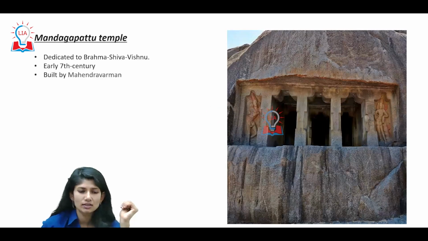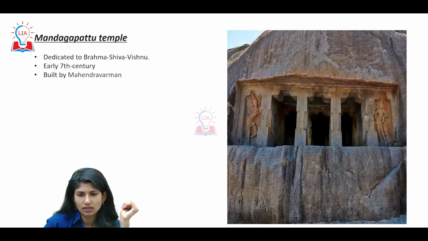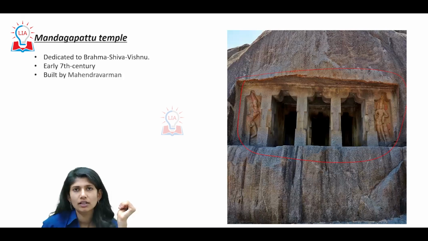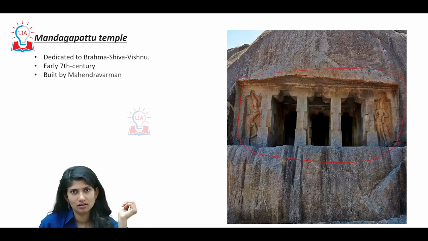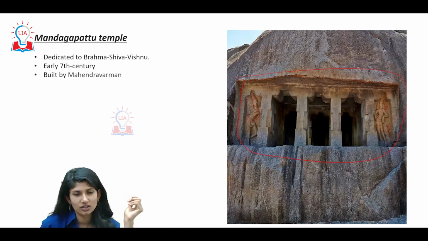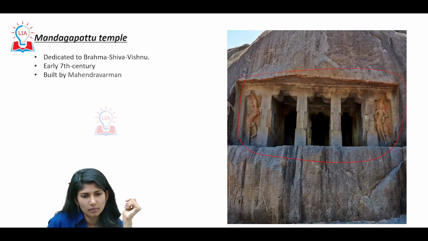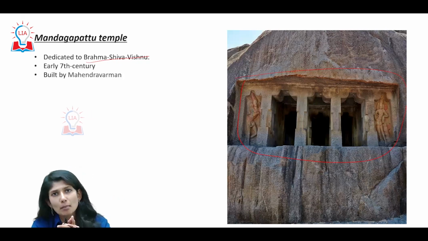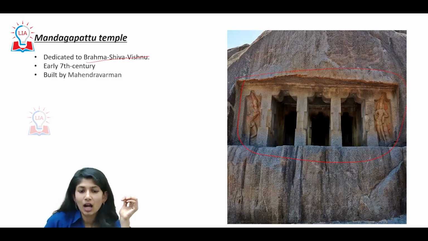Now look at this. This is one such thing built by Mahendravarman, rock cut architecture. See this structure, it is carved in a rock. That's why it is a rock cut temple. Look at this Mandagapattu temple. It is dedicated to Brahma, Shiva, Vishnu, and it was built by Mahendravarman I. Look at the temple and how it changes.